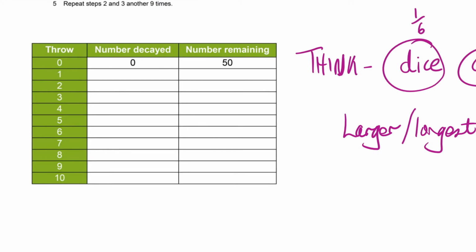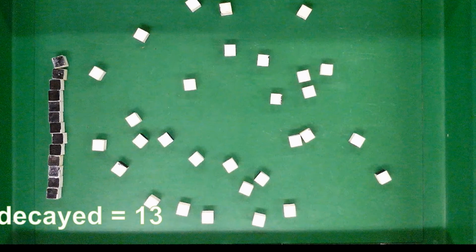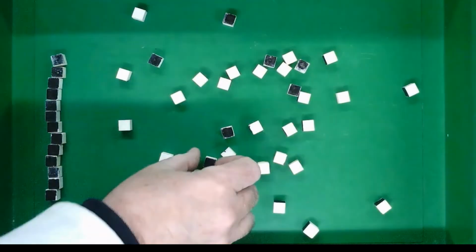So after throw 1, the number decayed is 13, the number remaining are 37. Mr. Hancock now is going to just pick up and throw the remaining 37, and I'll fast forward the video again.